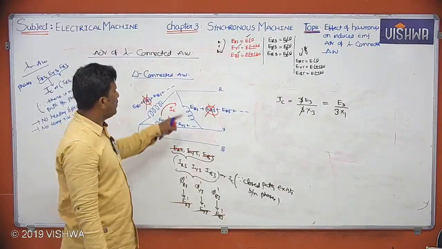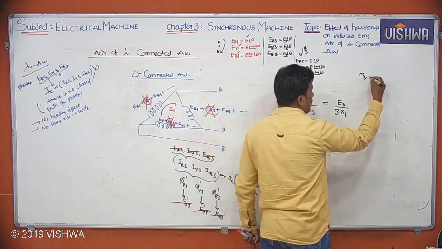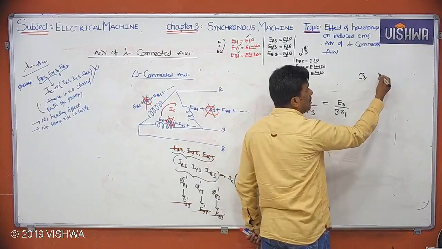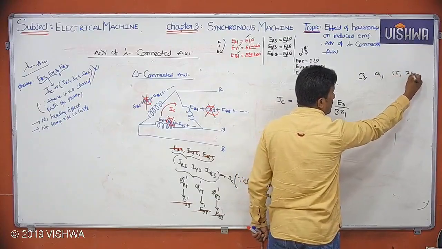Triplen harmonics are not only the third. When 3 is multiplied by odd numbers, you have 3 ones, 3 threes, 3 fives, 3 sevens, and so on.